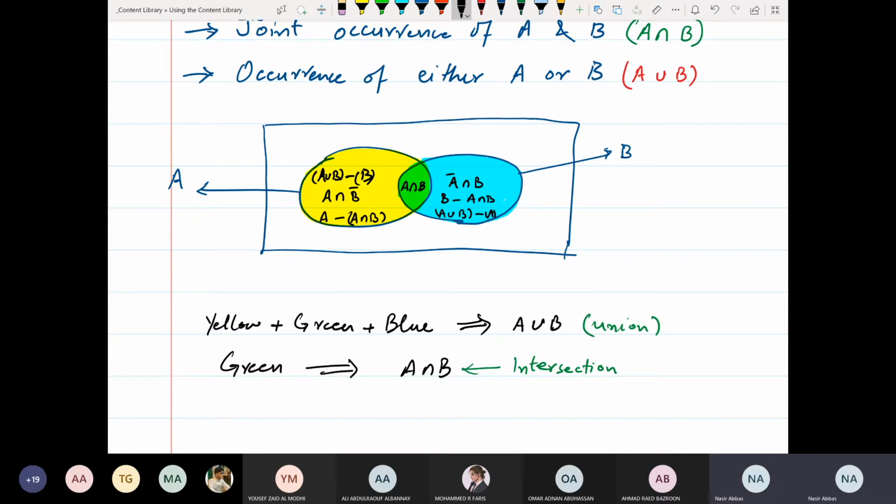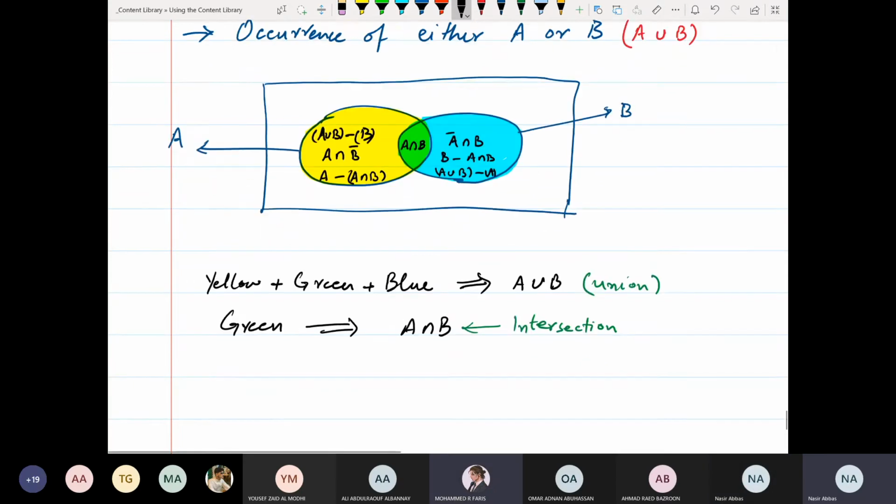Muhammad Faris: Dr., A union B, all of the colors together?